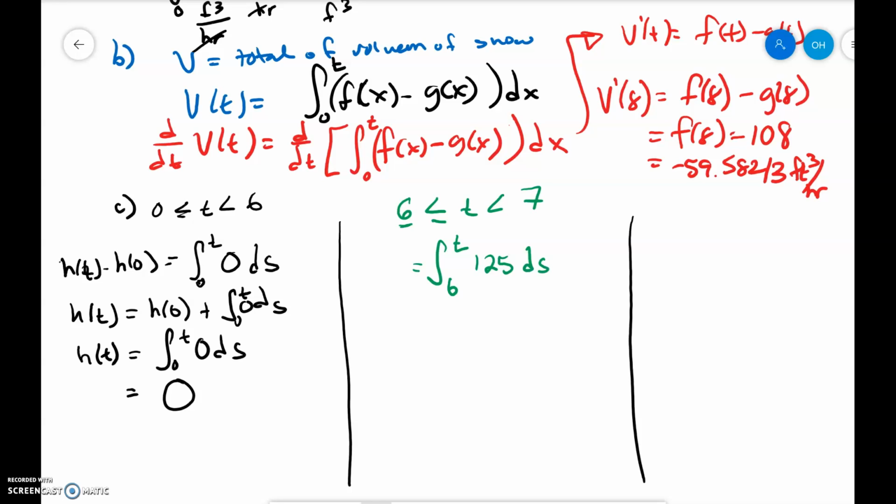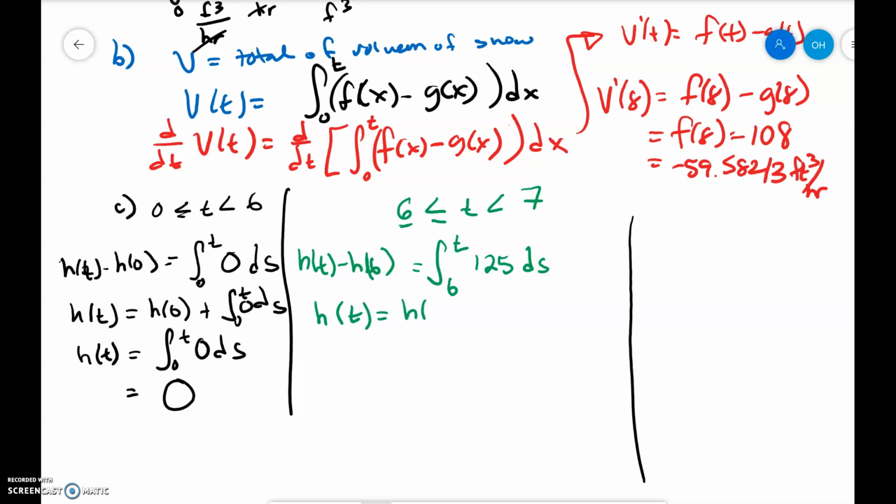Now, based on the fundamental theorem, by definition, that would be h of t. Let me try to make some more room here. By definition, that would be h of t minus h of 6. So that means that h of t is equal to h of 6 plus the integral from 6 to t of 125 ds.